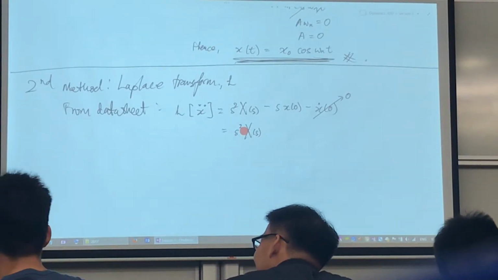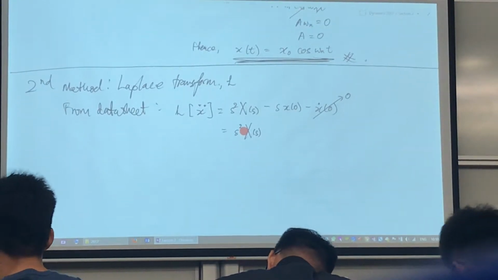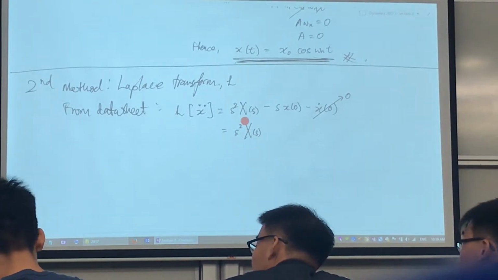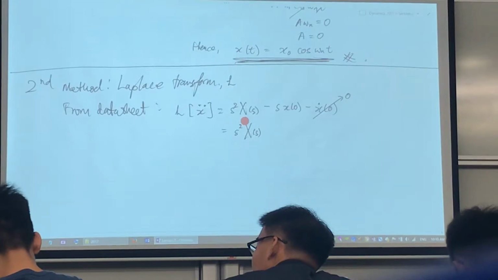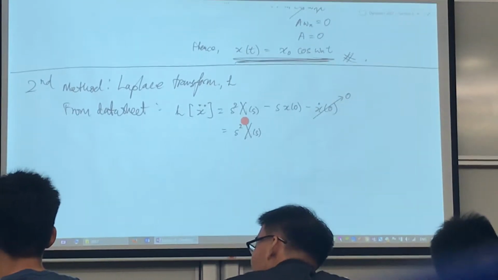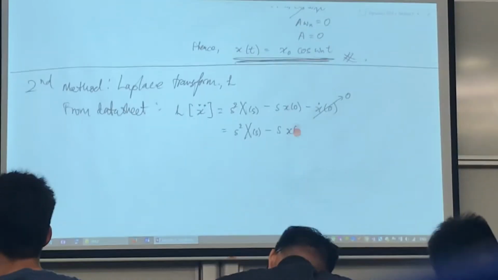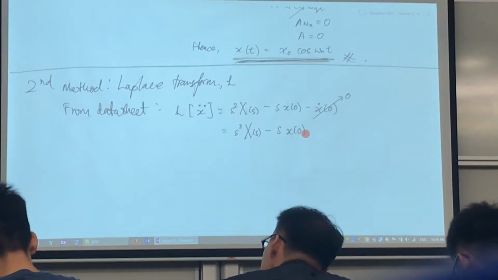Why is that? Actually, if I were to explain that, it goes into mathematics already. You should be prepared by now. What is the s domain? If you have not, revise. Minus s x at time 0.